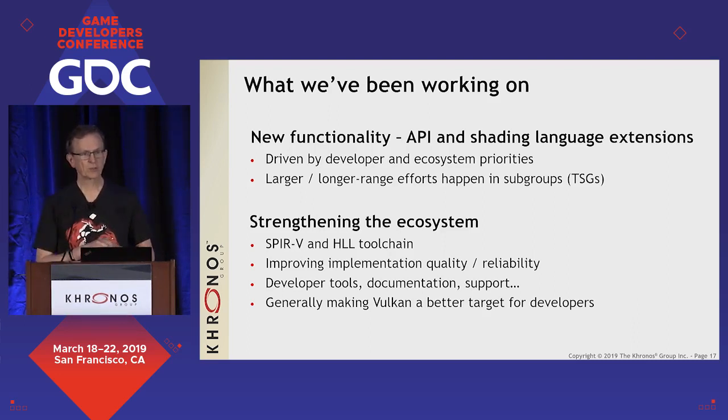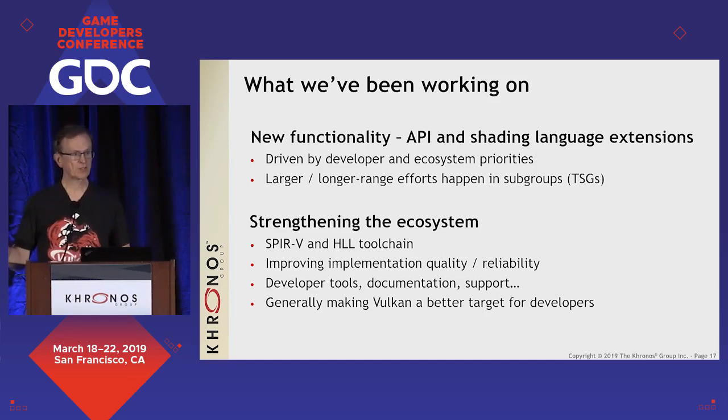We prioritize those, everybody votes, based, again, very much on what we hear from our DevRel folks who are talking to you and community blogs. We all read the same blogs you do. And we prioritize and we work on the highest priority stuff first. It's that simple. We do everything these days as extensions. So we prototype the functionality, ship it as an extension, see what kind of traction it gets, maybe tweak it a little bit, and then periodically in the fullness of time, we roll up a new core spec.